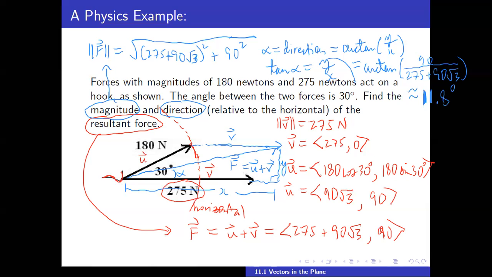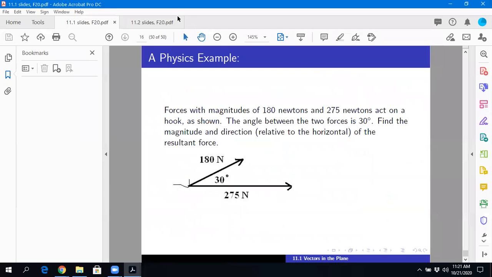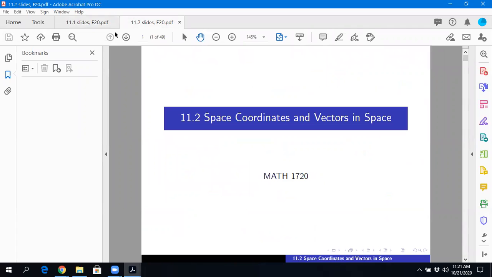Okay, and does that kind of make sense? Yeah, I guess so. Okay. All right, any questions on that? It's a little bit of physics there, okay? All right, let's move on to the third dimension, shall we?